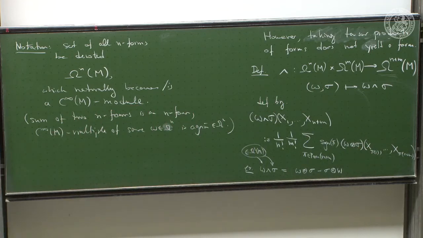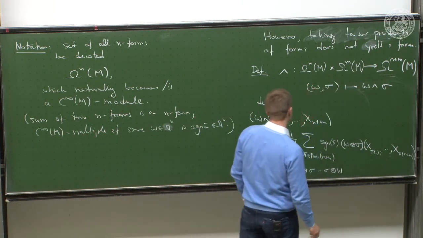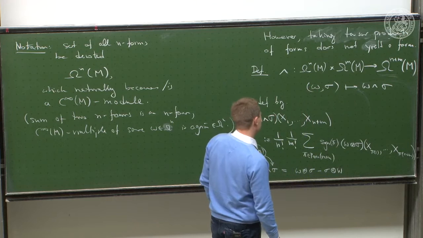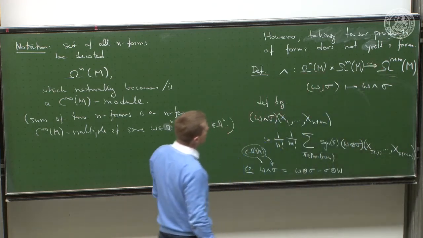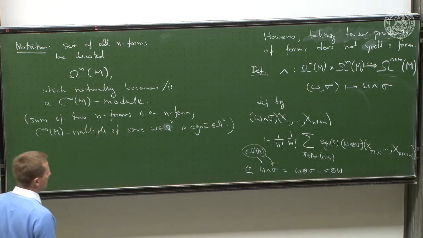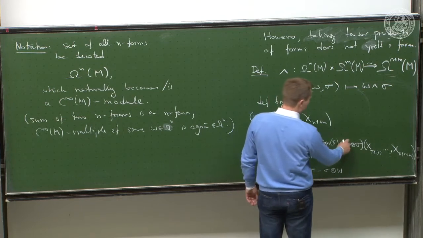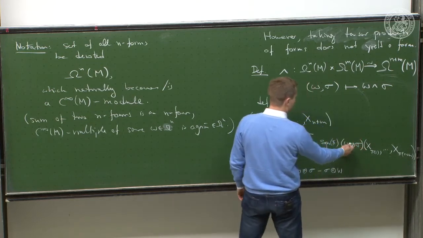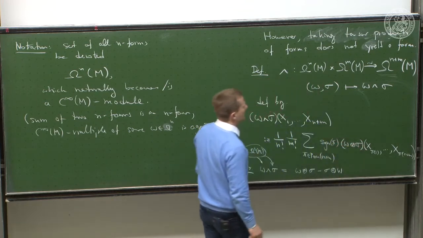Okay, and then quite obviously it goes from here to here, and also importantly, it is of course a bilinear map from here to there. It's C-infinity bilinear, because multiplying the omega or the sigma by some function will just pull out, and it's additive anyway.